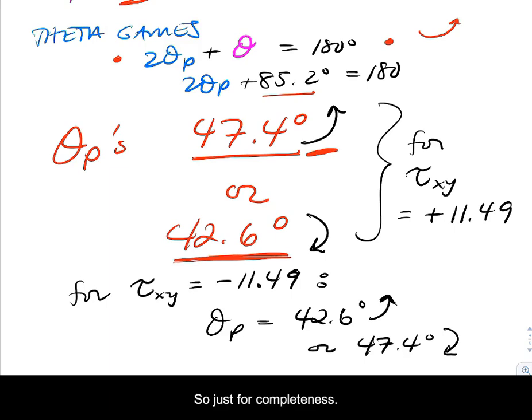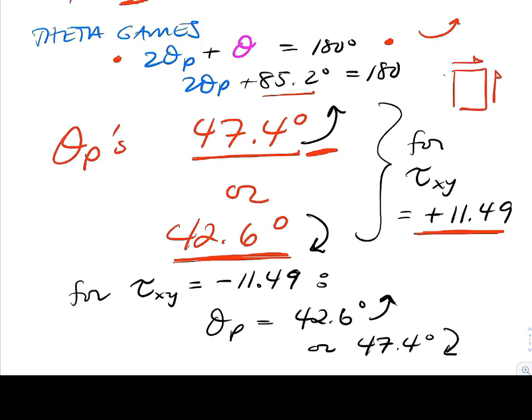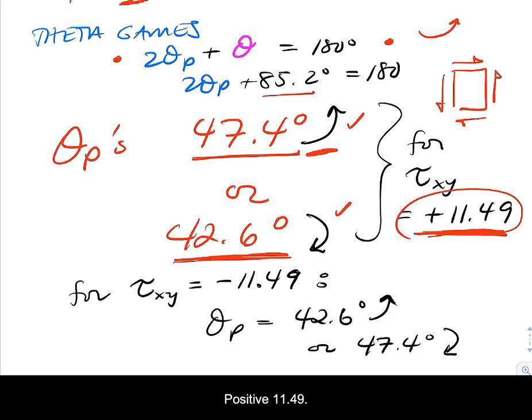And so just for completeness, right, if we used positive 11.49, right, we're talking about positive as drawn on the cube, and it was drawn in that orientation. So not to go too crazy on it, but these would be the answers for positive 11.49.